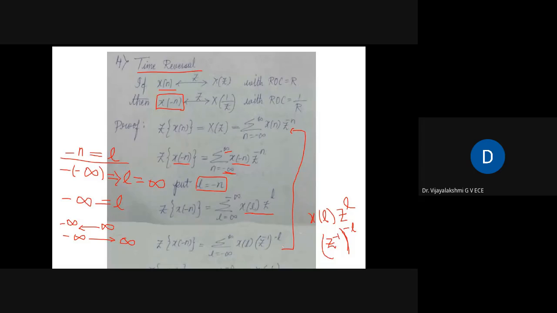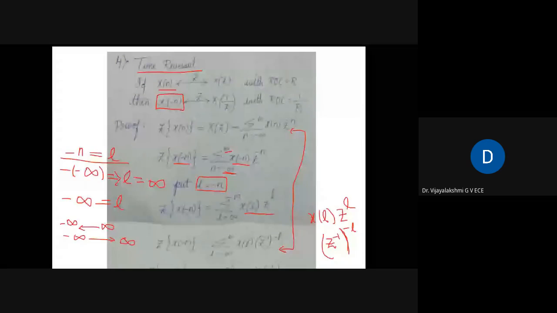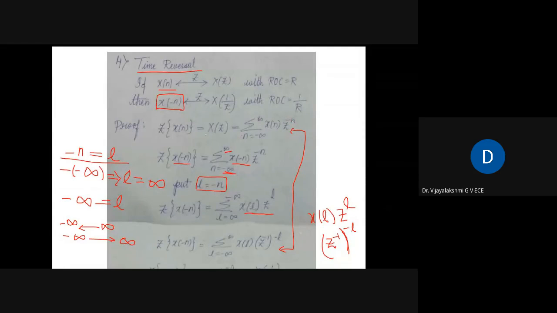If summation of x of n into z power minus n can be written as x of z, then here in place of z I have z inverse. Can you see here? In place of z I have just z inverse.